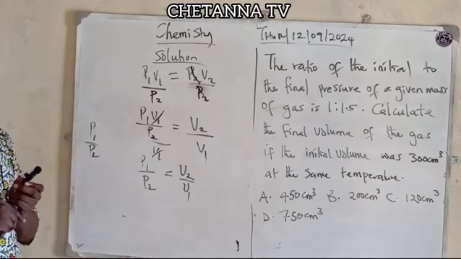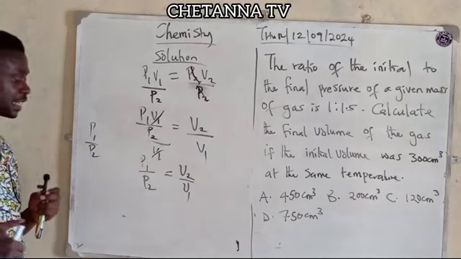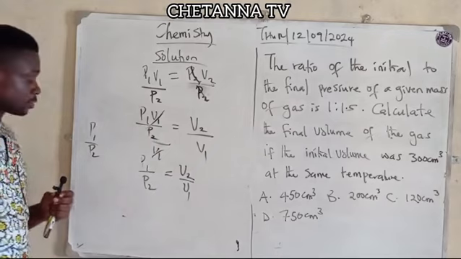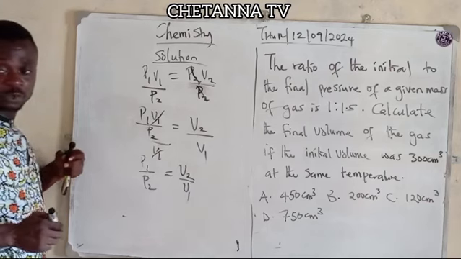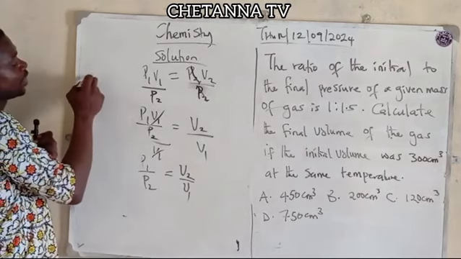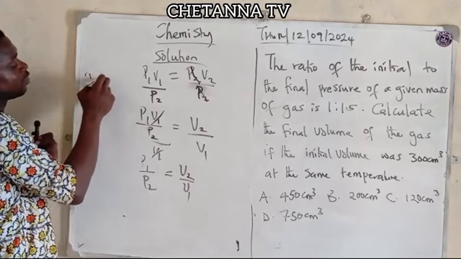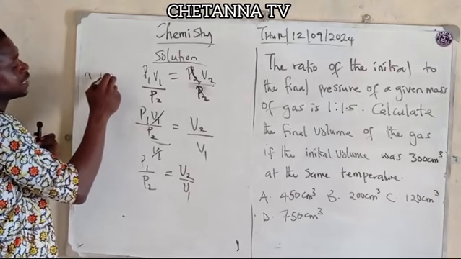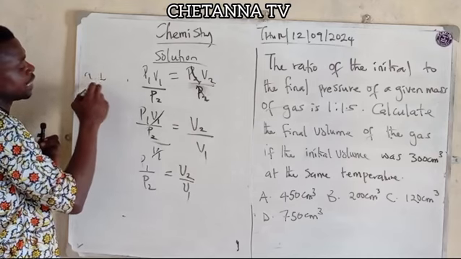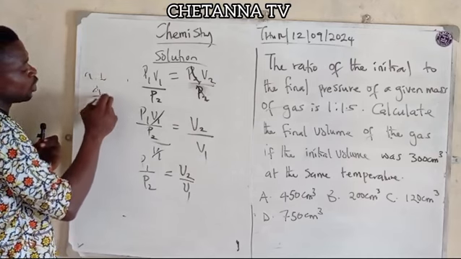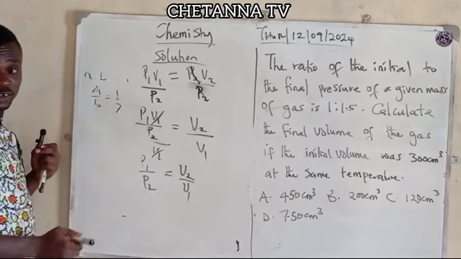So if that is the case now, we can now solve the question. Remember what we said, that if the ratio of A to B is equal to 1:2, it is the same as saying A over B is equal to 1/2. True of us?